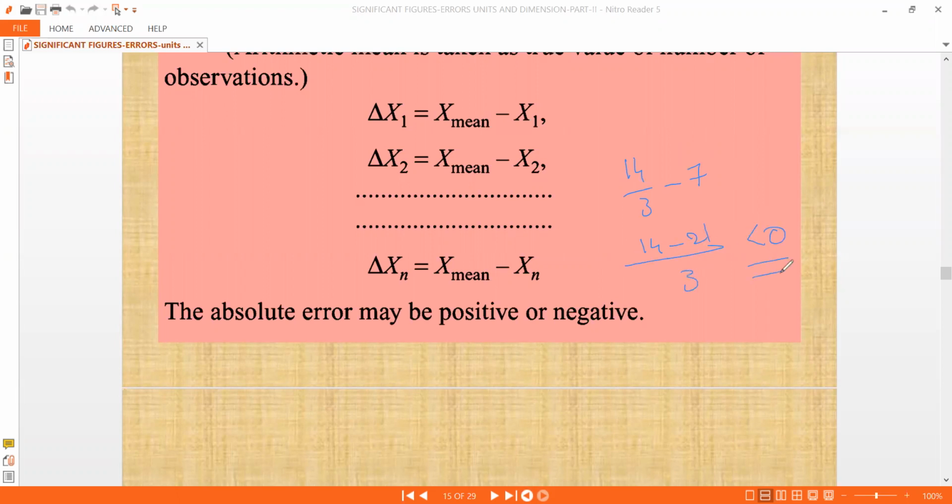This is a negative value. So the absolute error may be positive or negative. Very important point. It can be asked in the bits also, possible in multiple choice. Right. Now let us move on further.